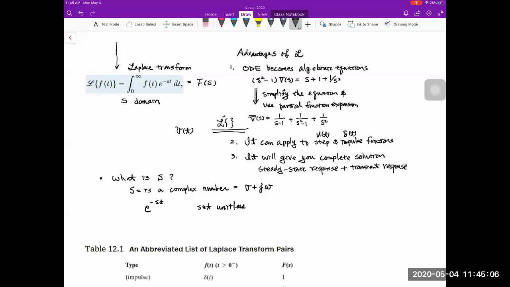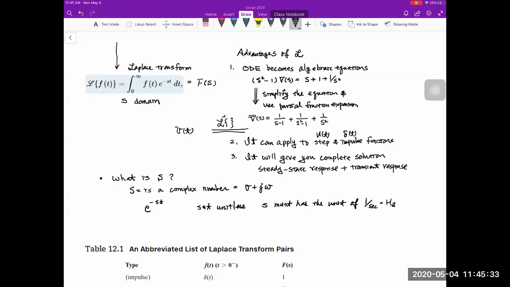If this one is unitless, then what is the unit for the S? The unit is 1 over second. And what does the 1 over second tell us? It is hertz.